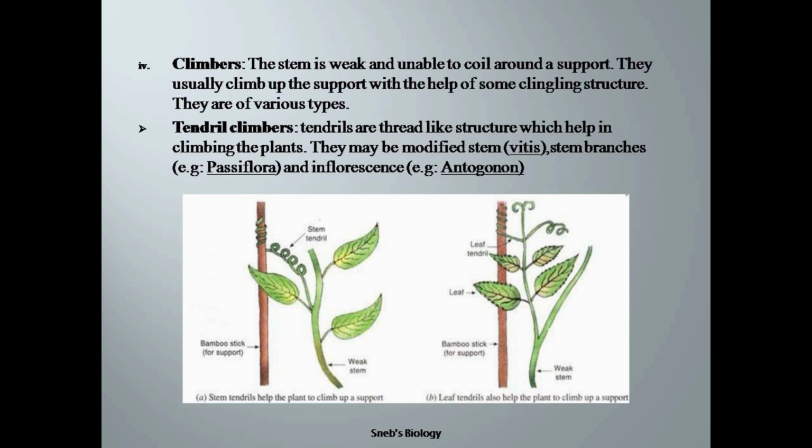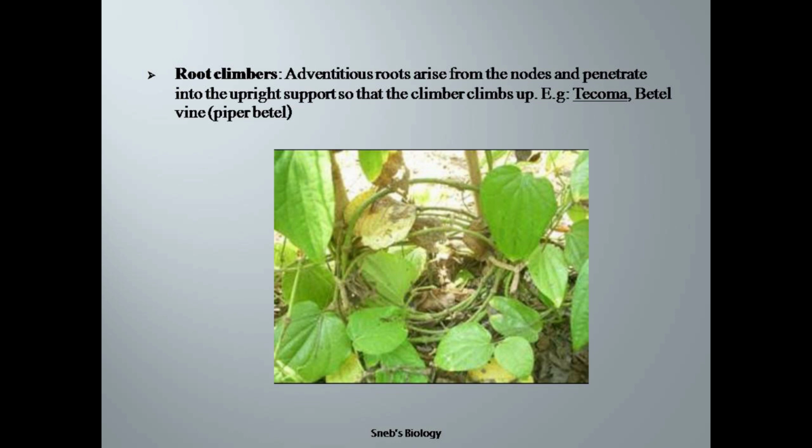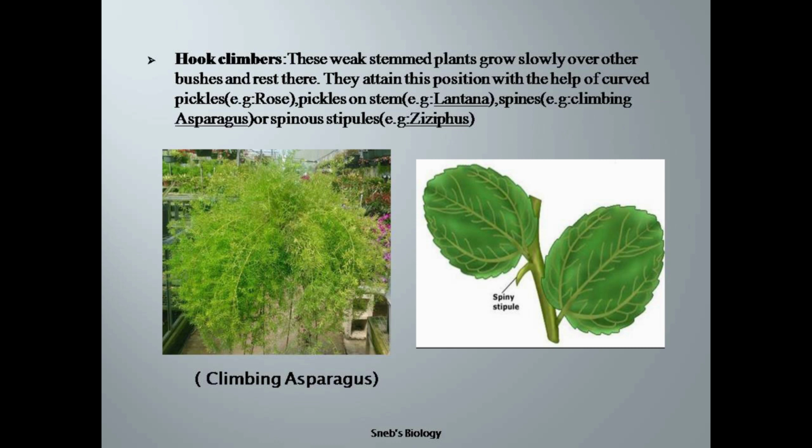Next is root climbers. Here the adventitious roots arise from the nodes and penetrate into the upright support so that the climber climbs up. For example, Tecoma, betelvine, etc. Third one is hook climber. These are weak-stemmed plants that grow slowly over other bushes and rest there.